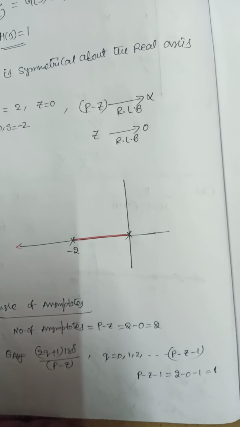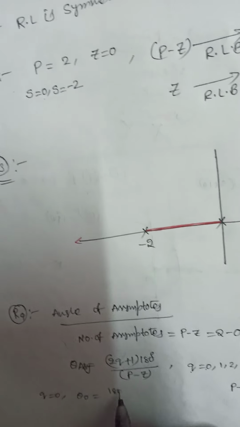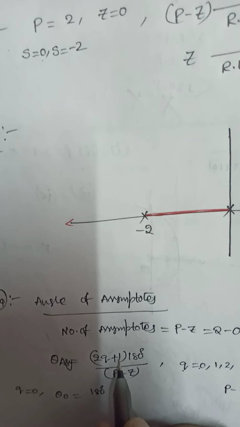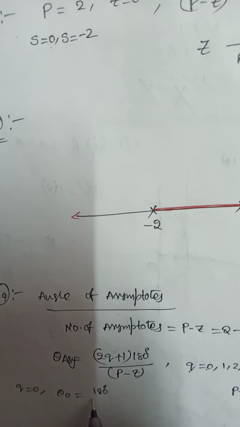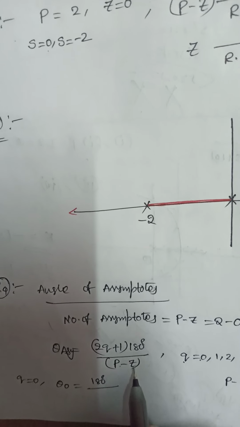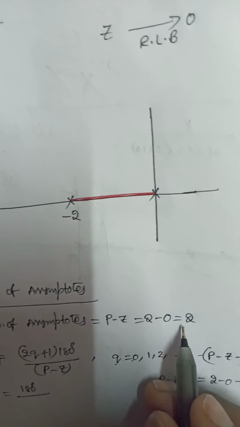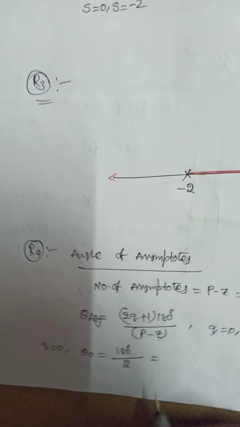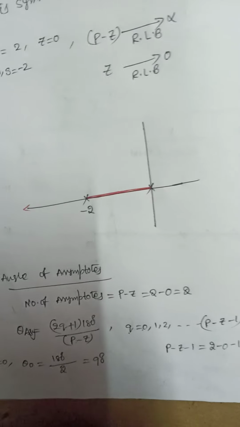So if q is equal to 0, if I substitute in this equation, theta 0 is equal to 1 times 180 degrees divided by P minus Z. We already found P minus Z is 2 here, so that is equal to 90 degrees.